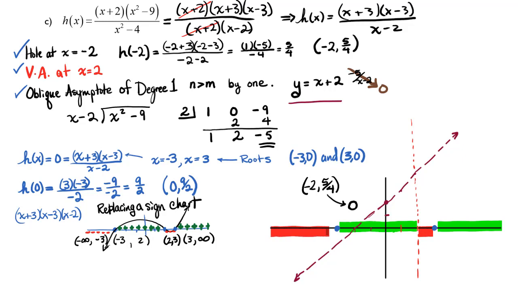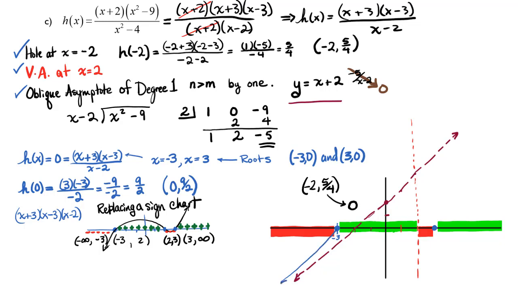So this tells me where my rational function will exist. I know my function has to be negative to the left of -3. I know it has to cross at -3 because it is a 0 of the rational function.